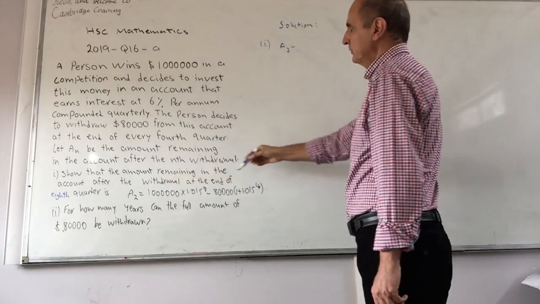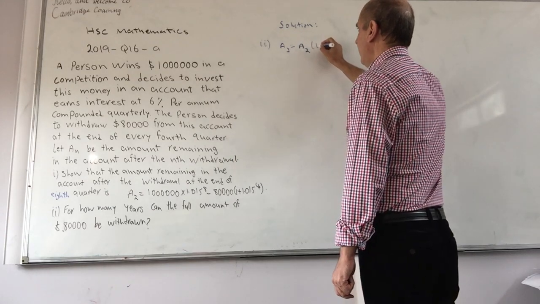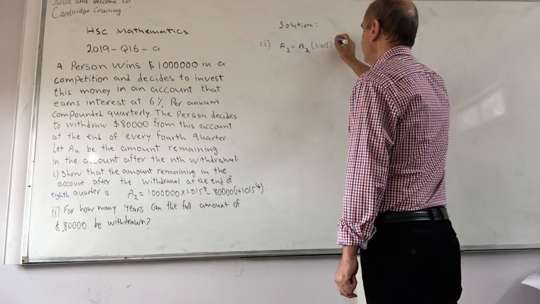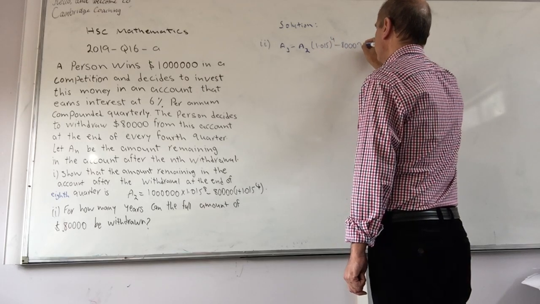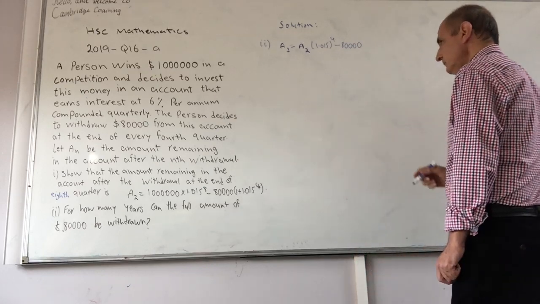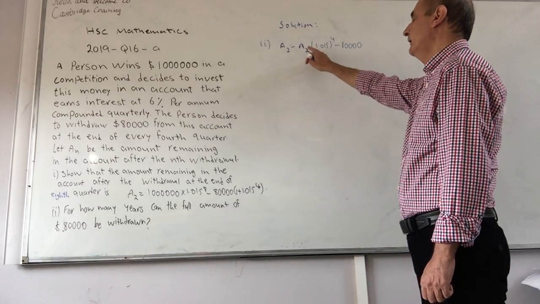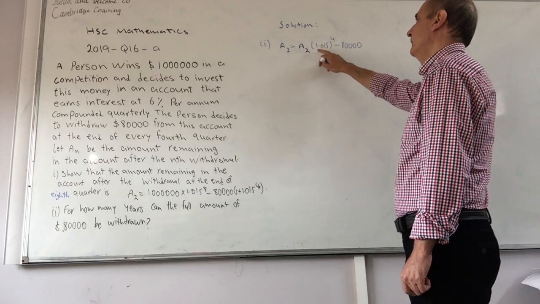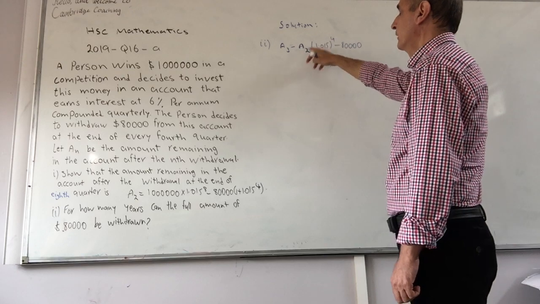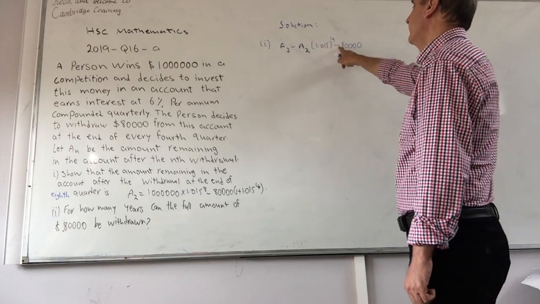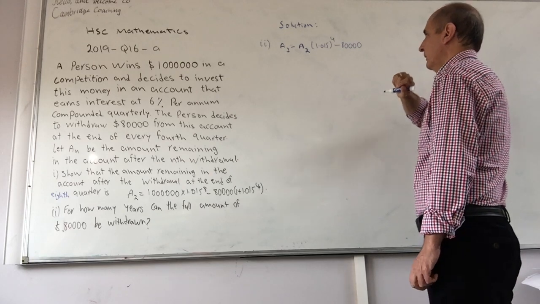So you times A2 by 1.015 to the 4, and you take away 80,000. That's your starting value, and you wait for 4 periods, so this grows by that based on the compound interest formula. Then take away 80,000, which is the amount you withdraw.